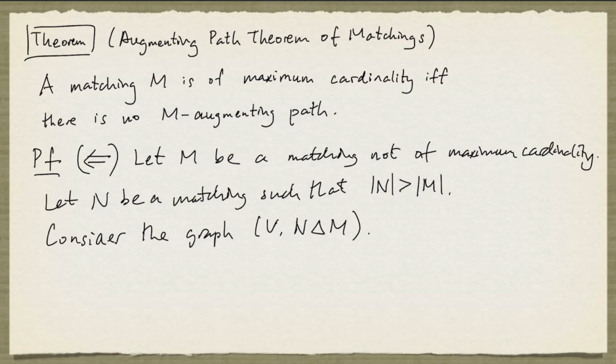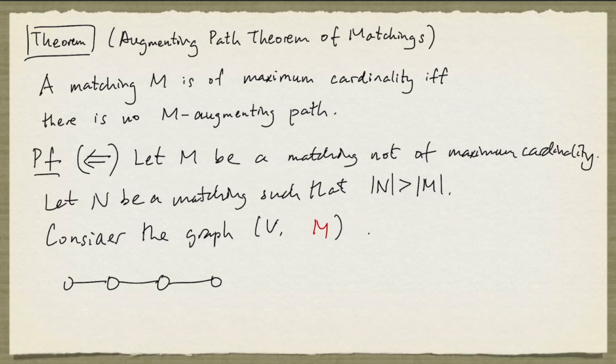Because no two edges of M are incident to the same node, and the same is true for N, that means that a node can be the end of an edge in N, or an end of an edge in M, or both. And so the edge sets of the components of this graph will be paths or cycles. And the paths have to alternate between N and M. So let me use a color here.